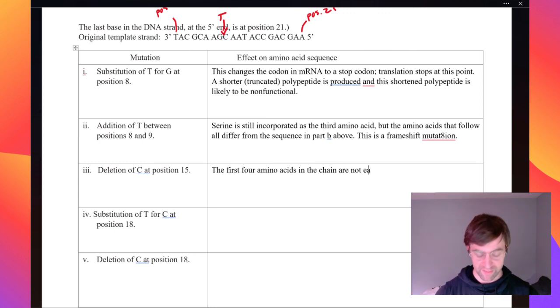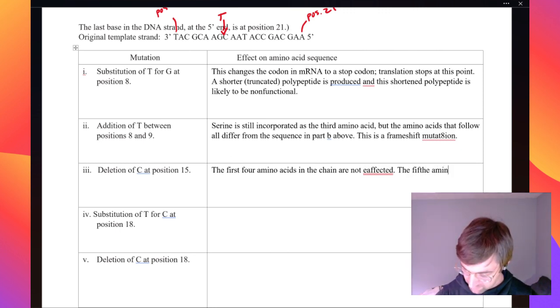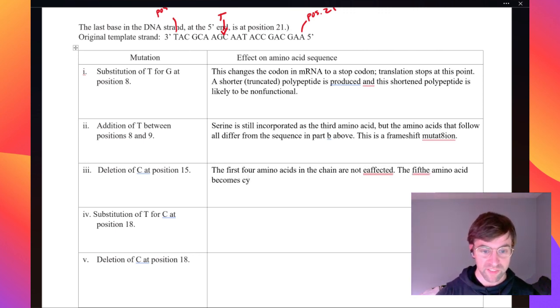But the 5th amino acid would change. The 5th amino acid becomes cysteine, and the subsequent amino acids are also changed in part B.